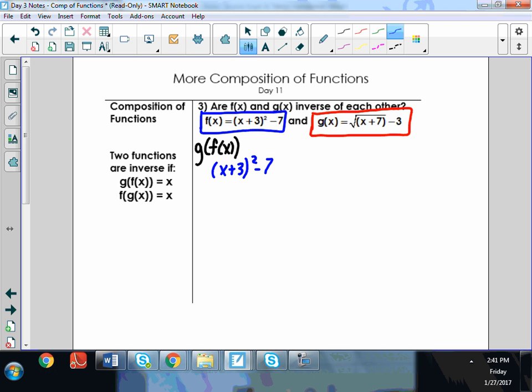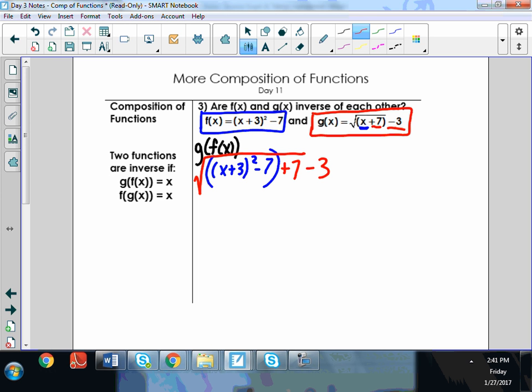I might even put another set of parentheses around it, because that's the x. So I have to build that other stuff around it. So I'm going to have a square root symbol. And under the square root symbol, after the x, I also have that plus 7, and then I have that minus 3 on the outside of the square root symbol.